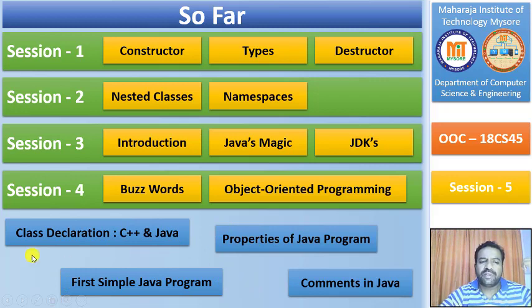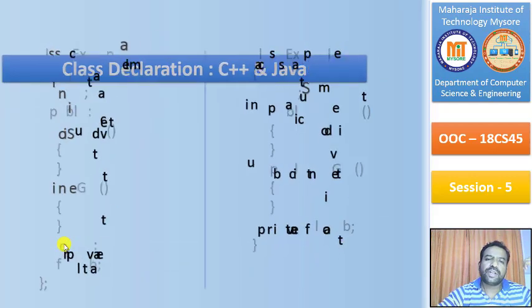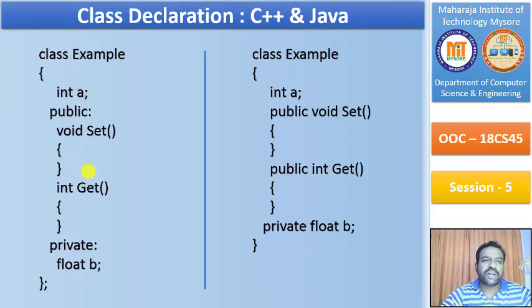First of all, we will see what the class declaration is and differentiate between a C++ and a Java program. Now just look at these two. Whatever code I have put here, this is the C++ style of declaring a class, and this is the Java style of declaring a class.